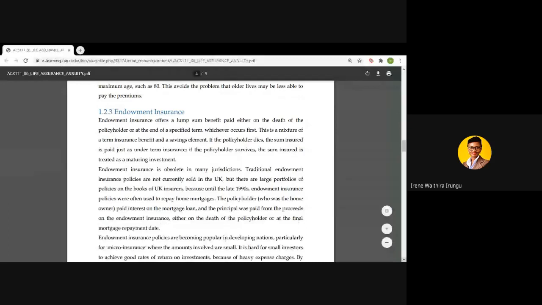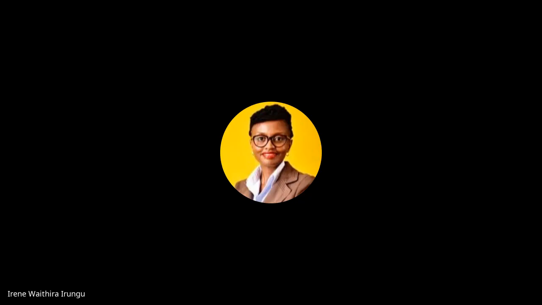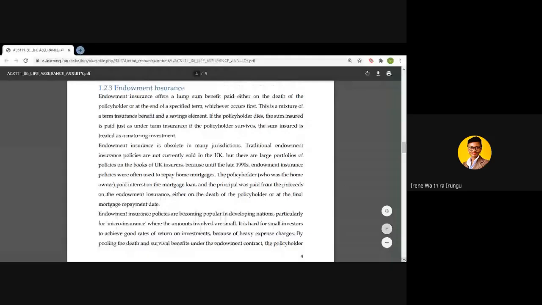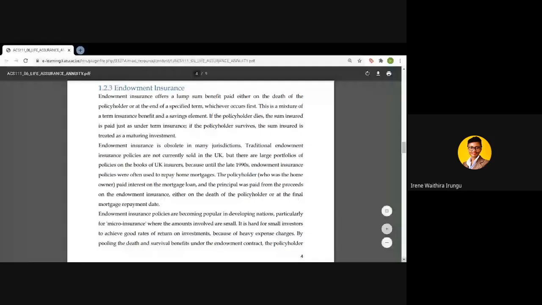So it has a mixture of the death benefit as well as the savings element. So this is often a more preferred type of policy, because you have the policy being issued for a specified period of time, and it offers both the maturity benefit or the death benefit.